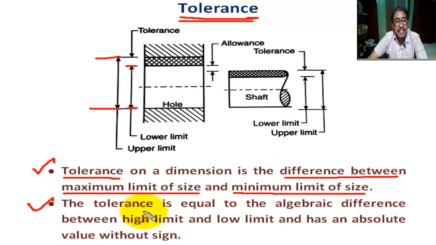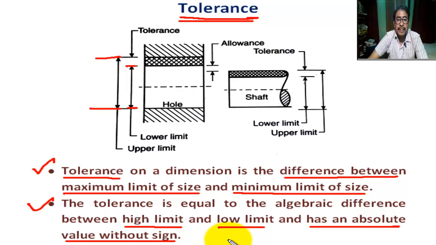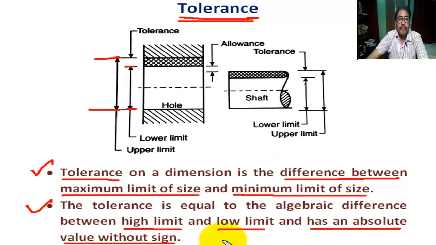The tolerance is equal to the algebraic difference between higher limit and lower limit, and has an absolute value without sign, no negative or positive sign.